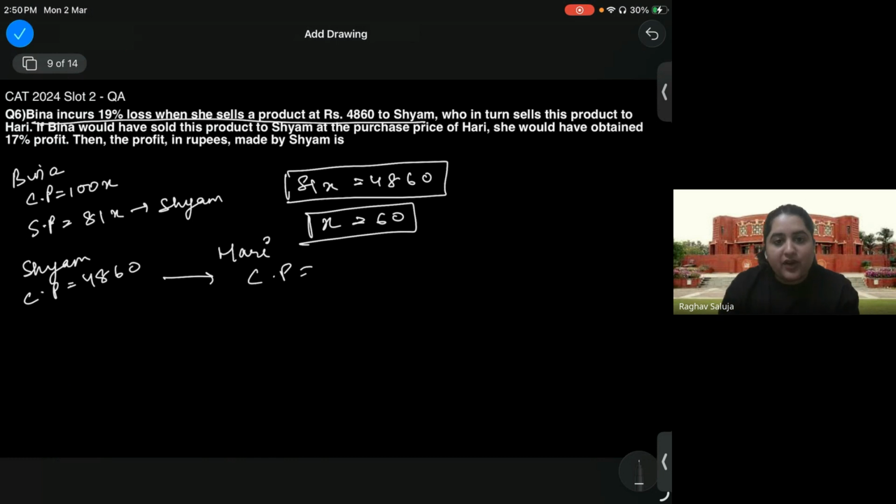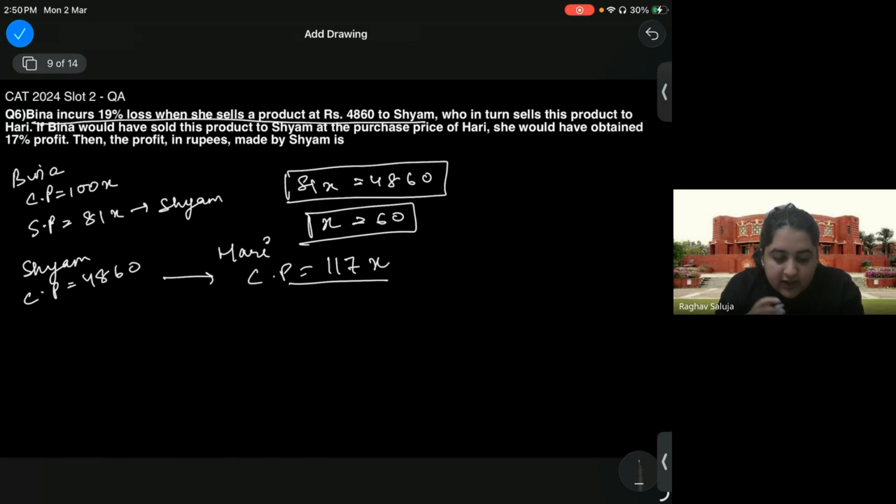So we can easily find out what A is. For 17% profit, she will have to sell at 117x rupees. So that is exactly what our cost price for Hari is going to be, 117x, because we increase the cost price of Beena by 17%.